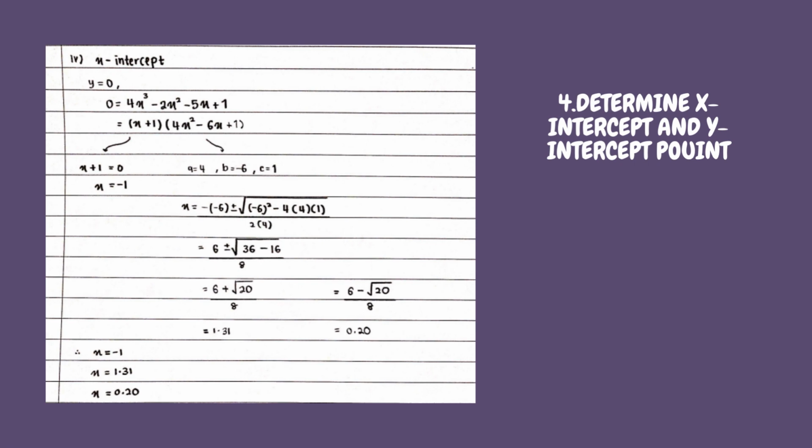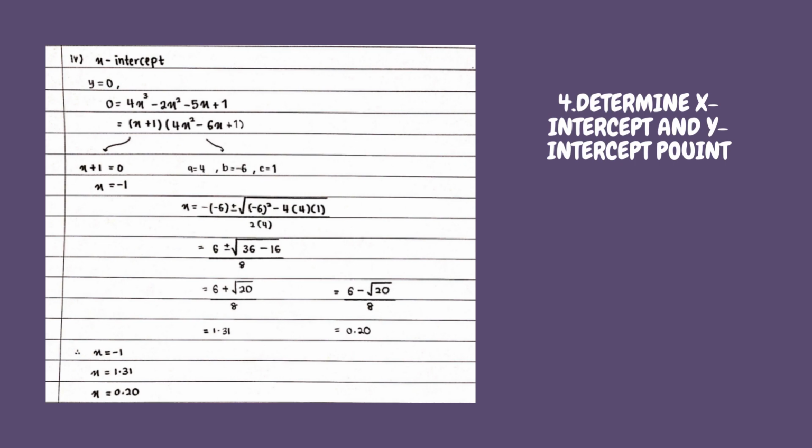After we use the information, the equation becomes x equals to negative negative 6 plus minus square root negative 6 squared minus 4 times 4 times 1 over 2 times 4 equals to 6 plus minus square root 36 minus 16 over 8 equals to 6 plus square root 20 over 8 and equals to 1.31.